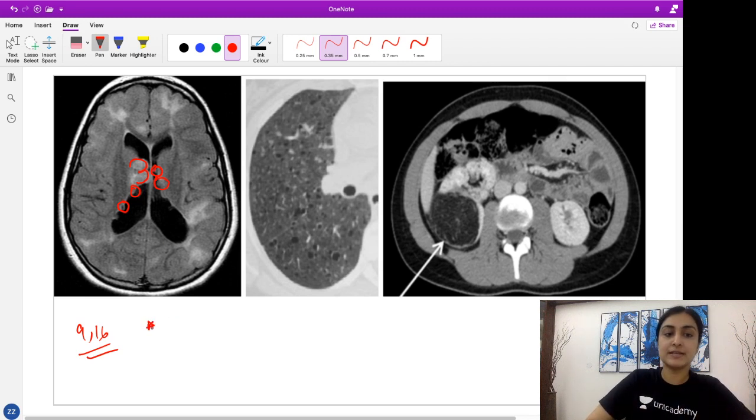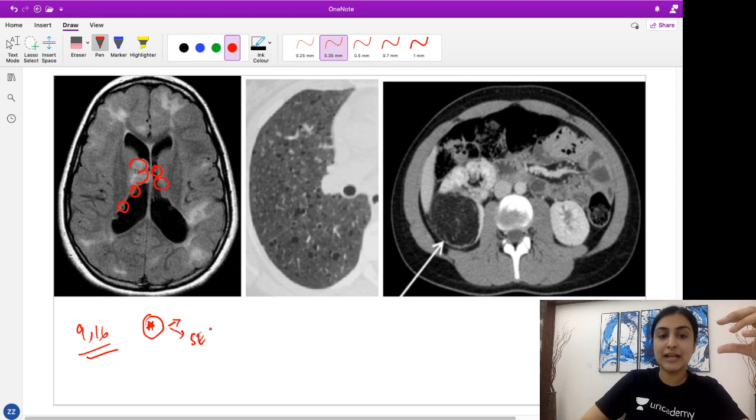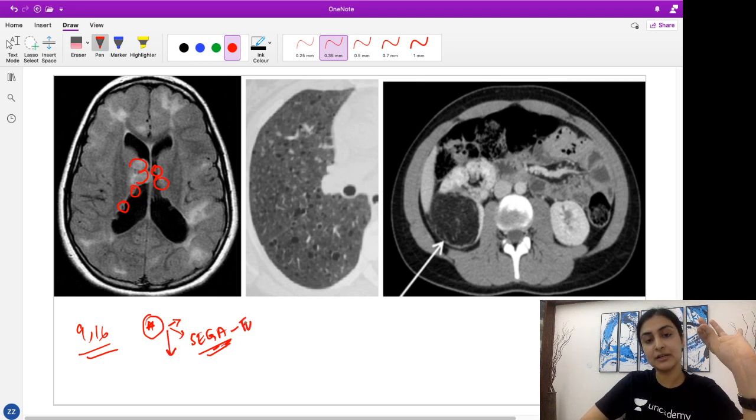So remember, this is the hallmark of tuberous sclerosis on imaging, where we see subependymal nodules. Rarely what can happen is one of them can enlarge, typically at the foramen of Monro, and this particular entity is called SEGA, which is a subependymal giant cell astrocytoma. So remember, subependymal giant cell astrocytoma, again associated with TSC, and the typical location is at foramen of Monro.